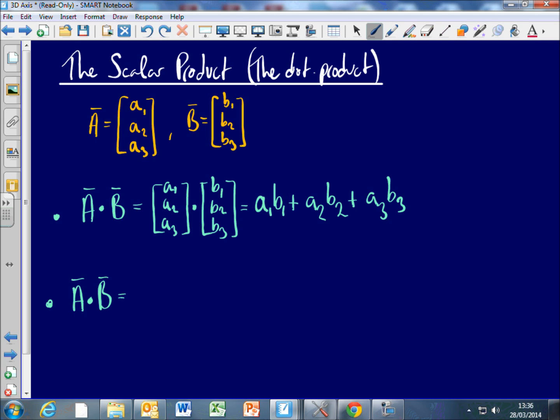And the other way you can get the same answer is if you do the magnitude of A times by the magnitude of B. Now the magnitude of A isn't a vector either, because it's just going to tell you a length. Because it's the Pythagoras bit, it's the magnitude, it's the length. Magnitude of B is just a number. And then you get cos theta. Okay, and can you remember what the theta was?